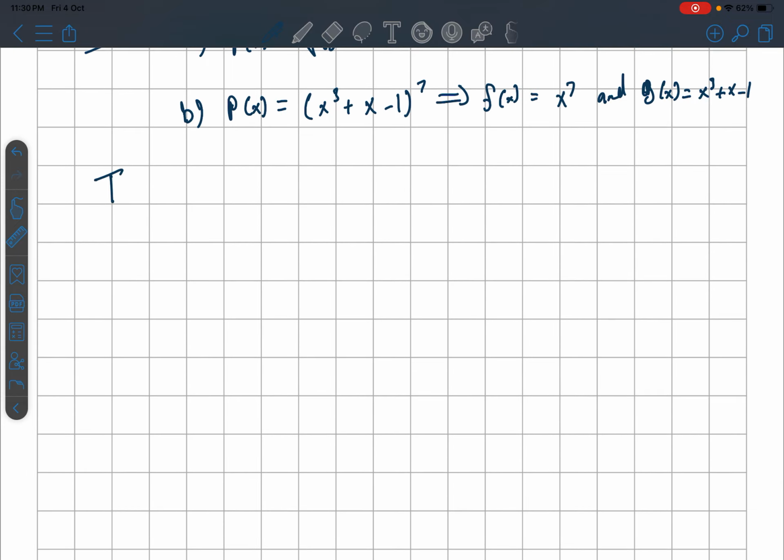Now let's take theorem 5.1. It's about the chain rule.